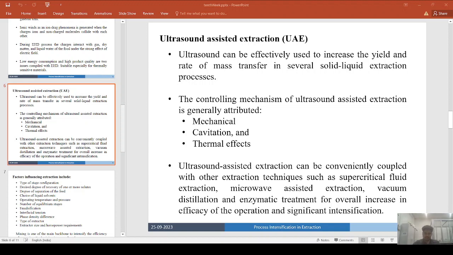The mechanism of intensification of the extraction process has been attributed to the cavitation phenomena, resulting in intense turbulence and liquid circulation currents in the system.